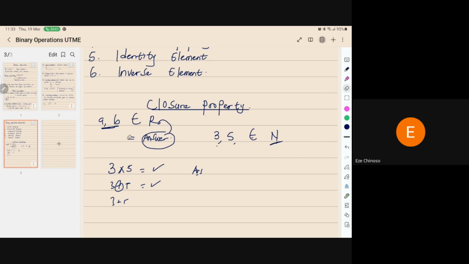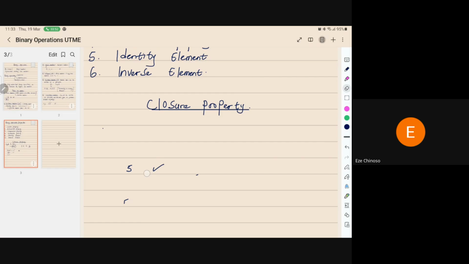All right. So that said, let's quickly review. Let's have a note on what the closure property entails so we can move quickly to the major deal. Right.